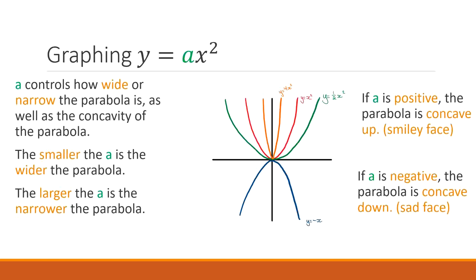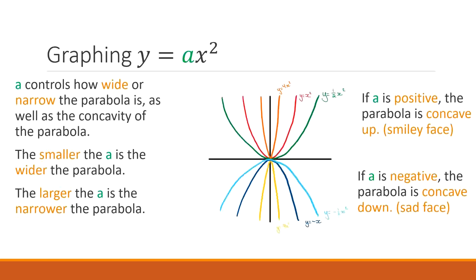The same things apply with whether a is small or large when you're dealing with negatives. As you can see here in the light blue, we had a relatively small number, closer to 0, negative a half, so the parabola is wider than negative x squared.